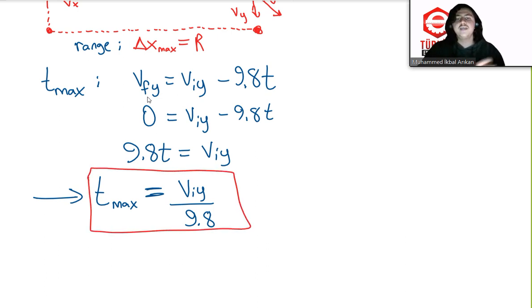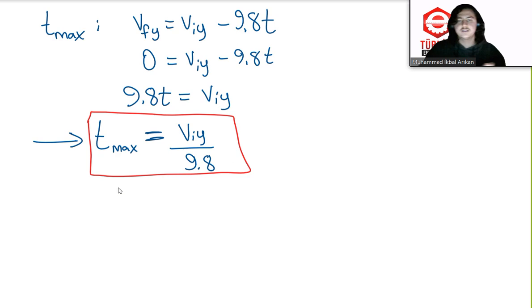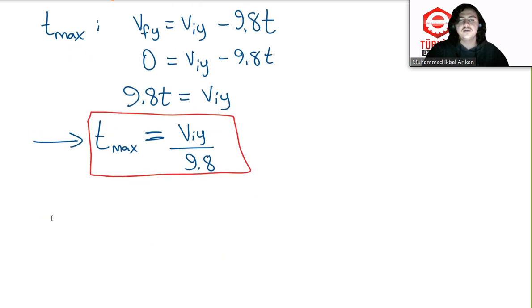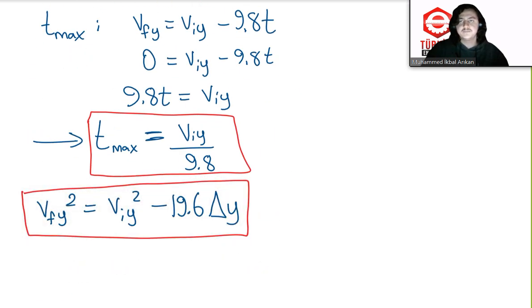What about H max? How can I calculate H max? I will use this formula. Here our V final y is equal to 0 in this case, right? When I'm reaching the maximum height. So let's put 0 here, and this negative, just send it to the other side.